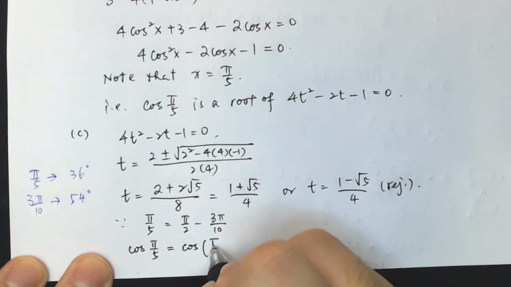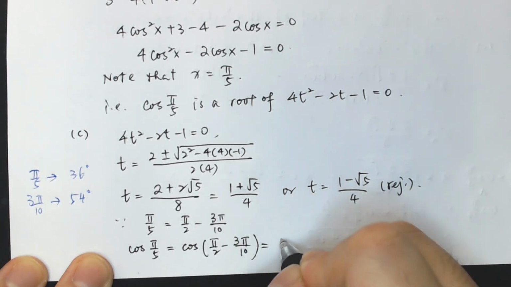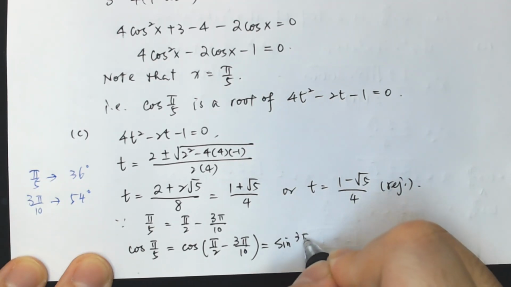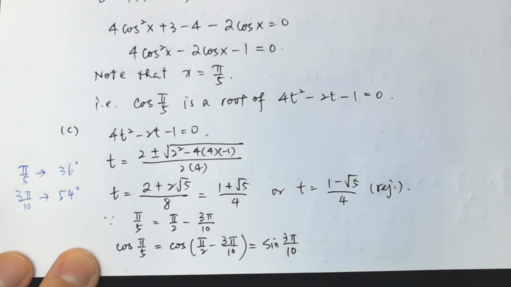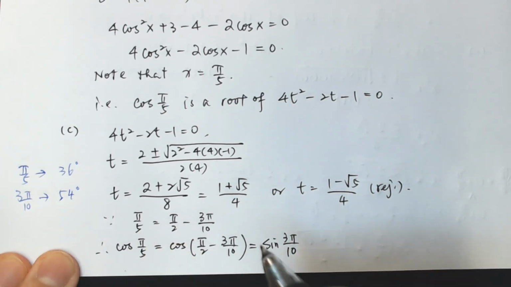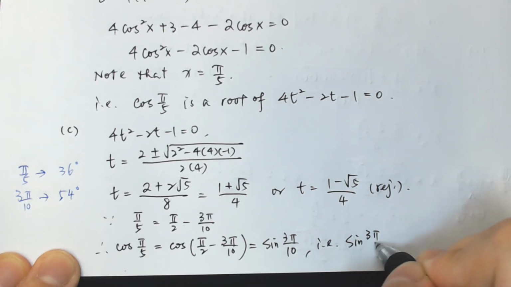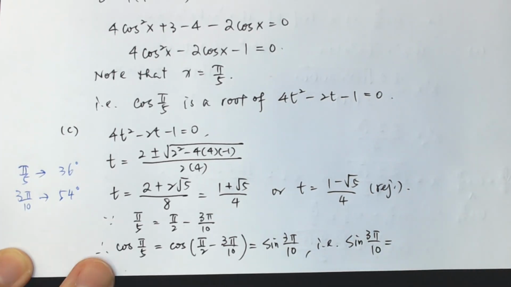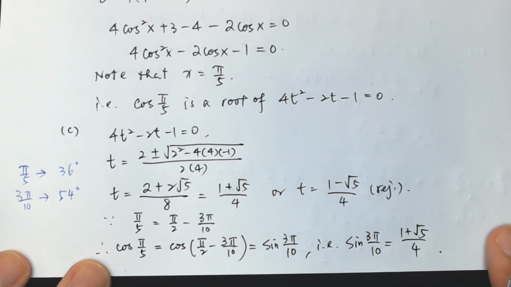And cosine of pi over 2 minus an angle, you can change the shape from cosine to sine. So that is sine of 3 pi over 10 is actually cosine of pi over 5, that is 1 plus root 5 over 4.